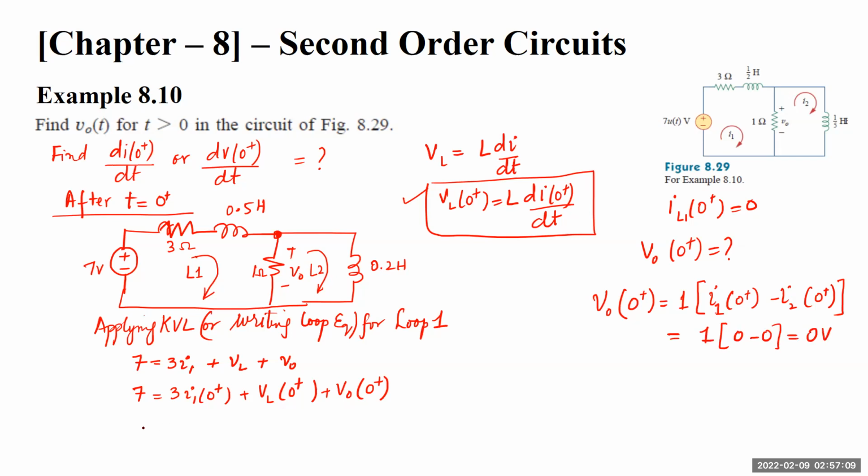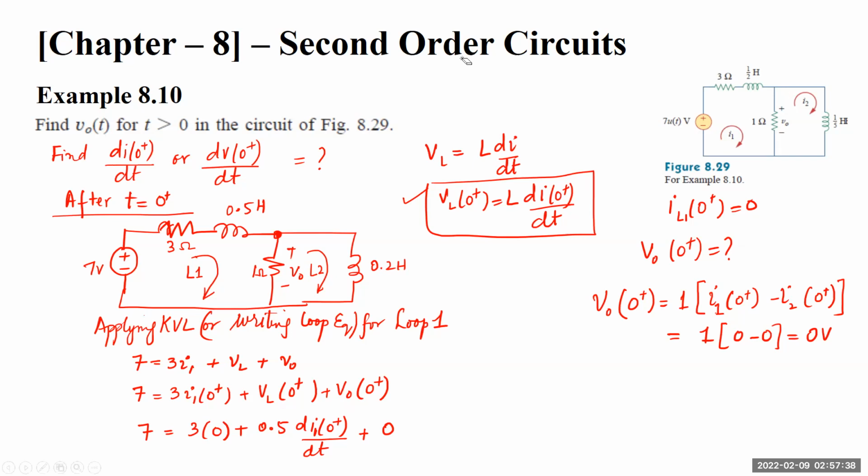Let's plug in the values: 7 equals 3 times 0 plus inductance, which is 0.5 here, times di at 0 positive by dt, plus 0. This di is di1, for inductance L1. In this loop L1 we have only one inductor, so we are good.